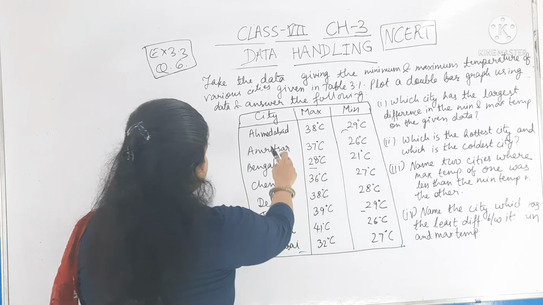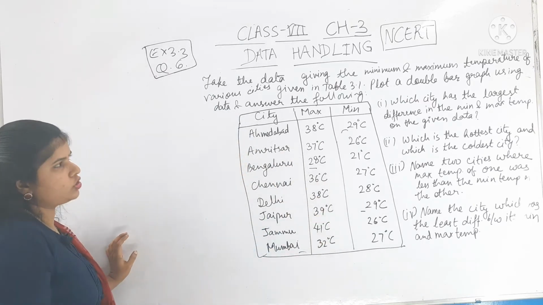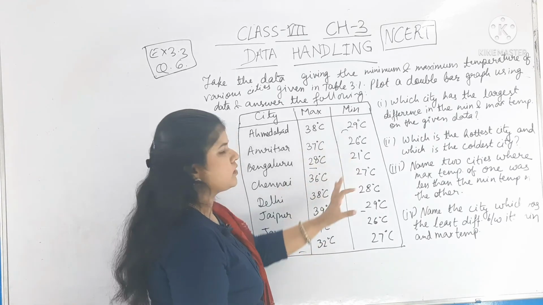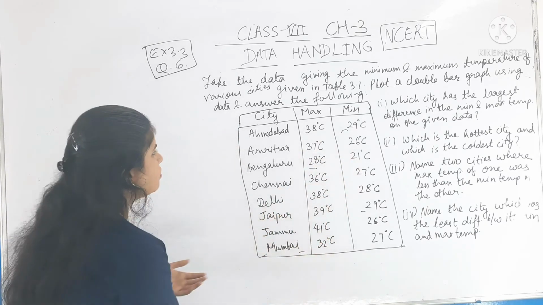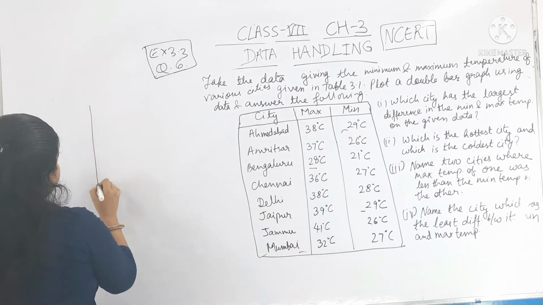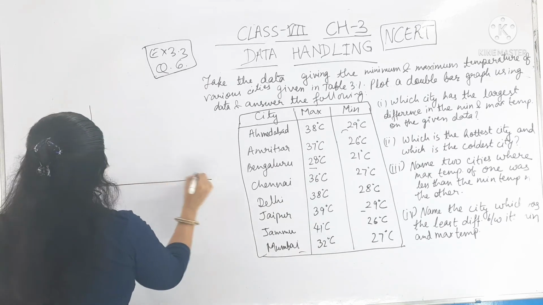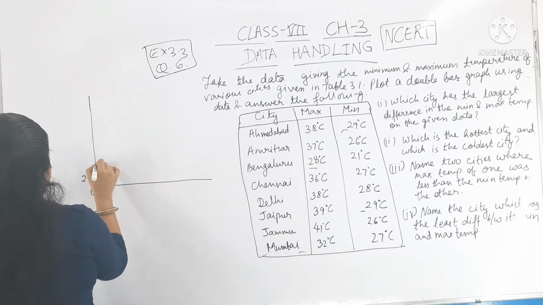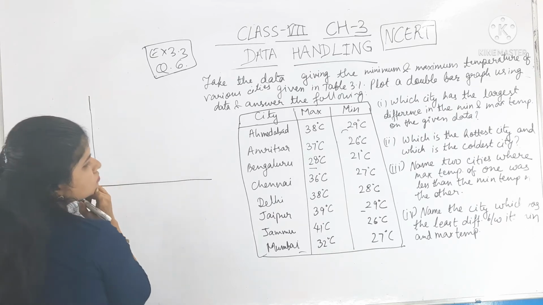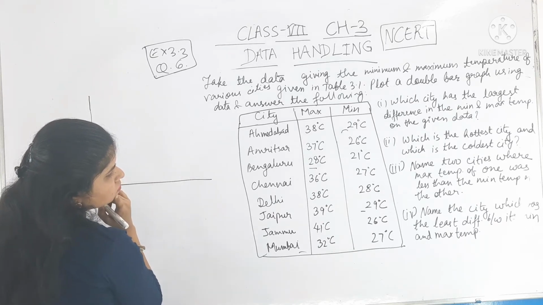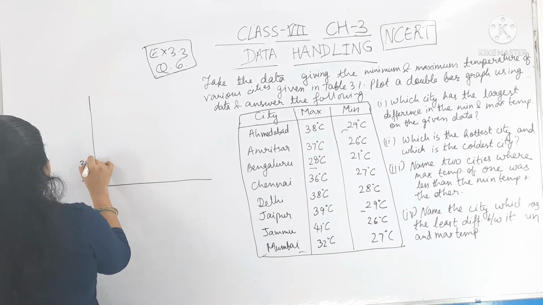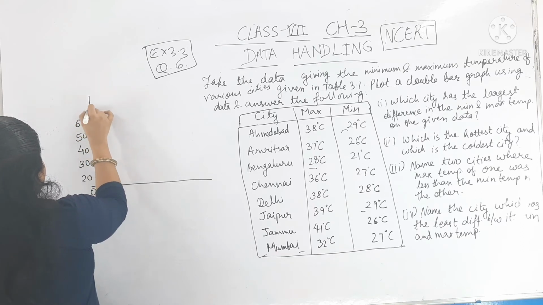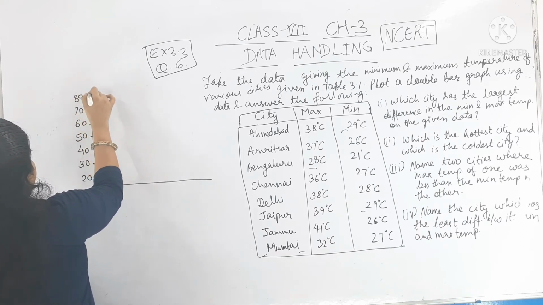Some cities are given with their maximum and minimum temperatures, so we have to plot a double bar graph. Here you can see the numbers 20, 30, 40, like this. So we plot with a gap of 10 centimeter each, sorry, 20, 30, 40, 50, 60, 70, 80 like this.